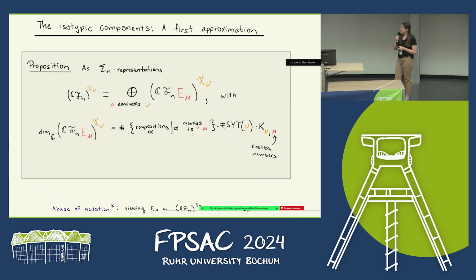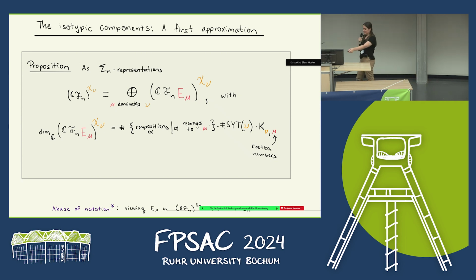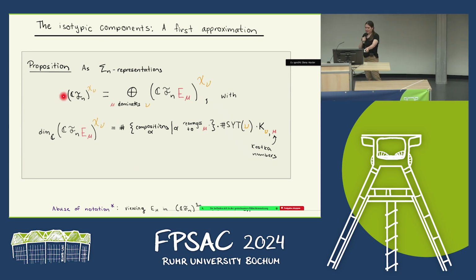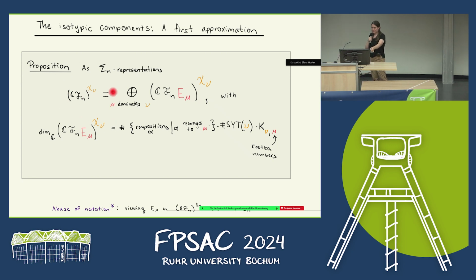Okay, so I'll start by giving you a preliminary answer to the question. So we have these isotypic components. These are the rows in our rectangle. We want to understand them. One thing we can do is make our problem a little bit easier and break up that row into smaller pieces.